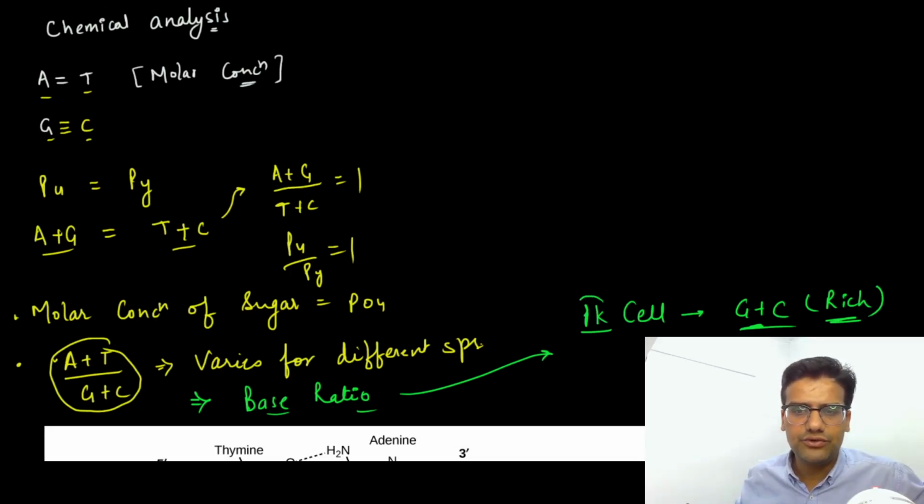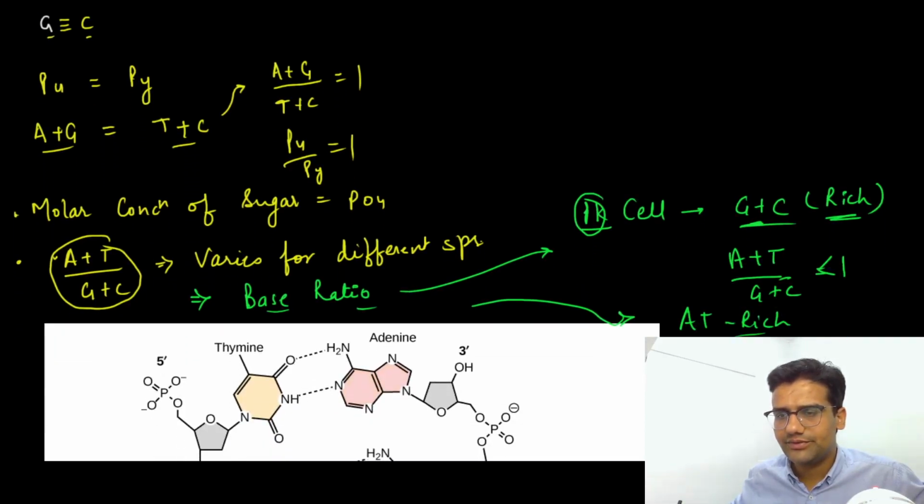But the eukaryotic cell is AT rich, and because it is AT rich, the A plus T upon G plus C ratio is greater than 1. So this is the base ratio.